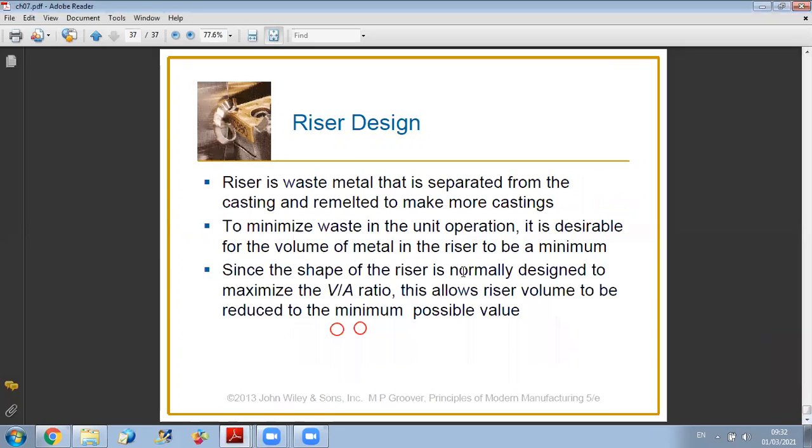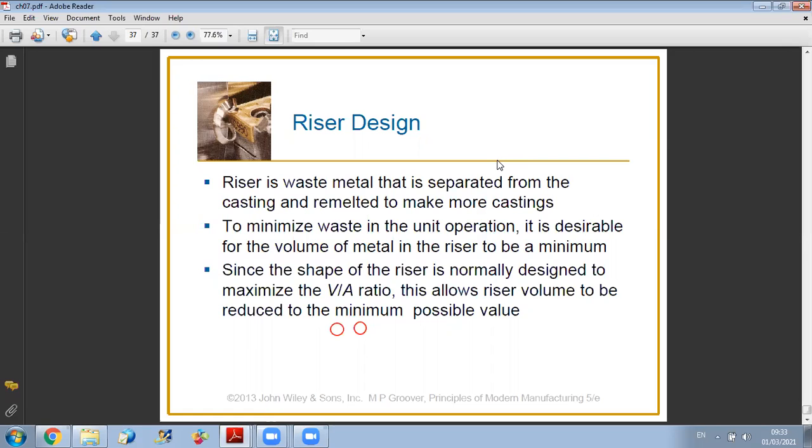Now, concerning the riser design, the riser is waste metal that is separated from the casting and remelted to make more castings. So in general, the riser will be trimmed at the end, meaning we will separate it from the final product. To not lose metal, we can reuse it: the metal of the riser can be remelted to make more castings.